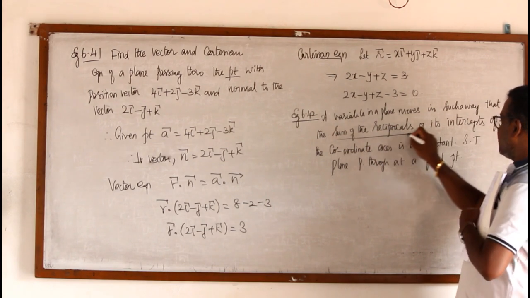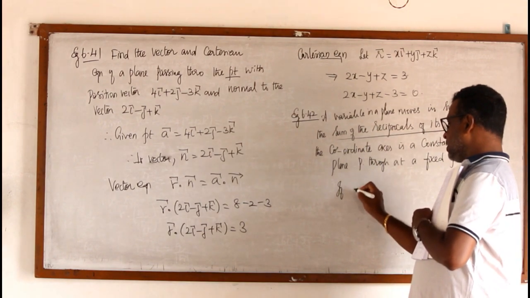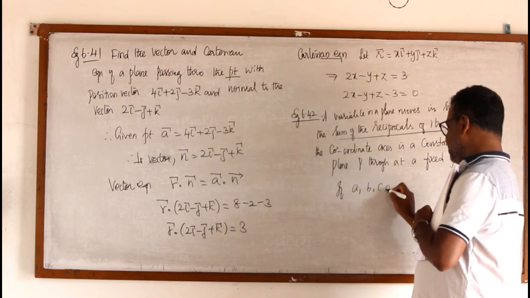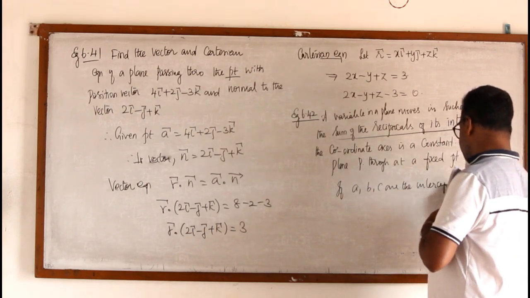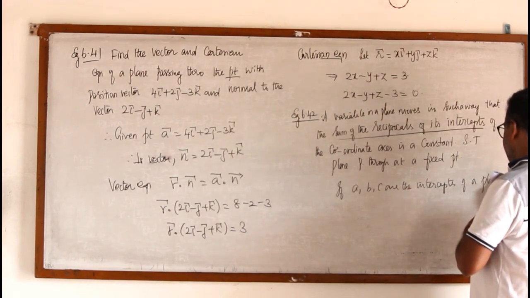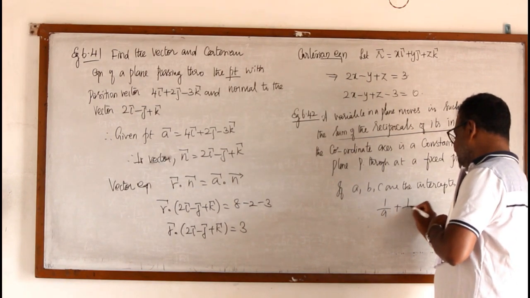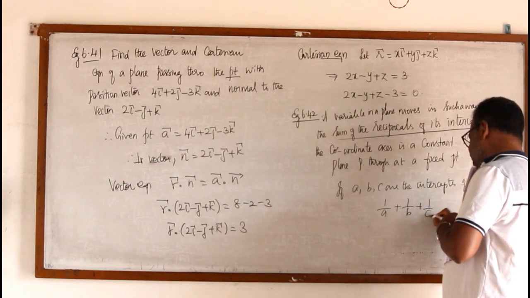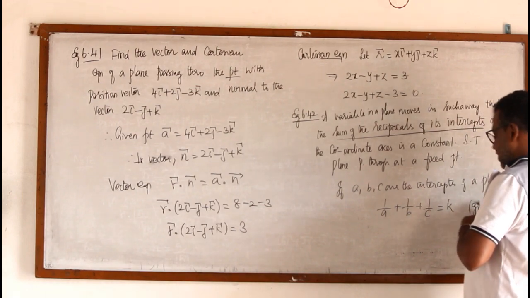Given the sum of the reciprocals of the intercepts. So if a, b, c are the intercepts of a plane, then what is given? The sum of the reciprocals, 1/a + 1/b + 1/c, is a constant.